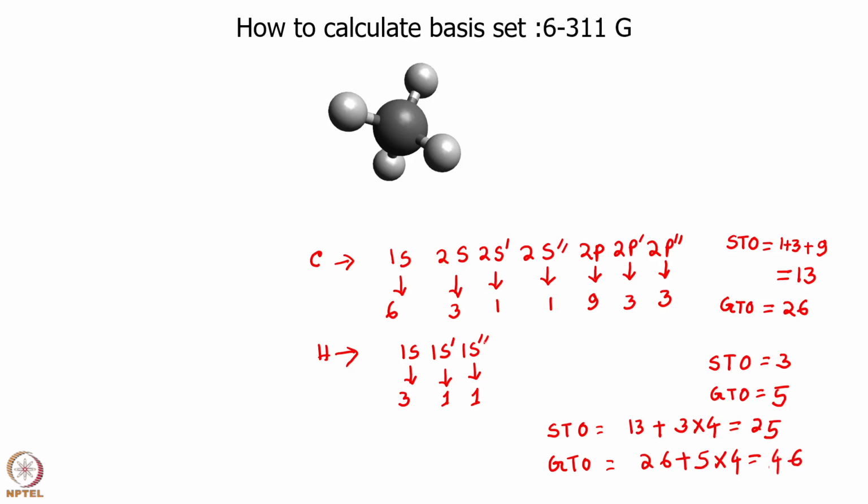So, the present form of the function, if I write only in terms of STOs, has 25 STOs. That will be my final number of basis functions, and the number of GTOs will be 46.